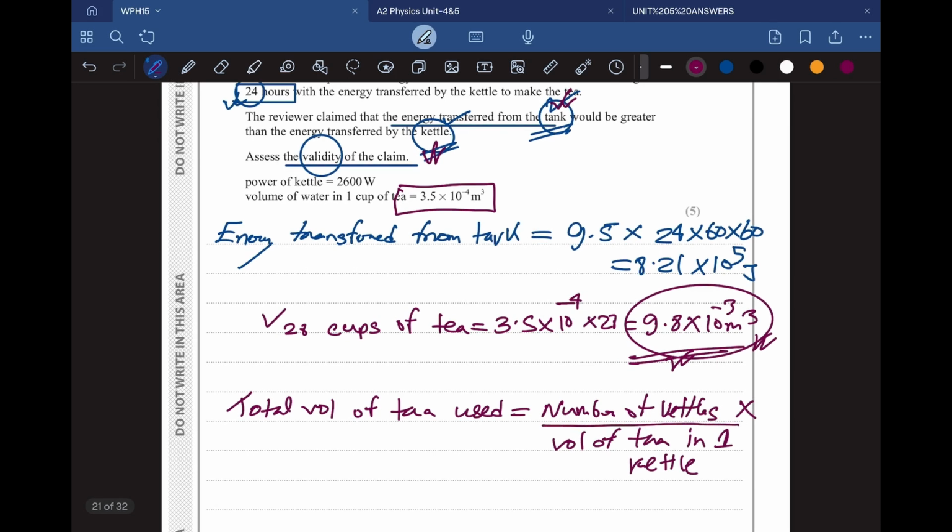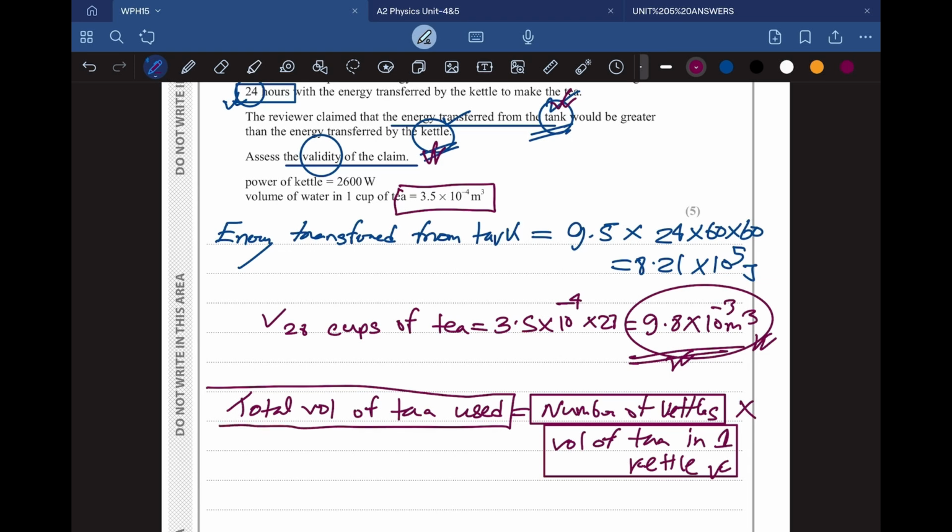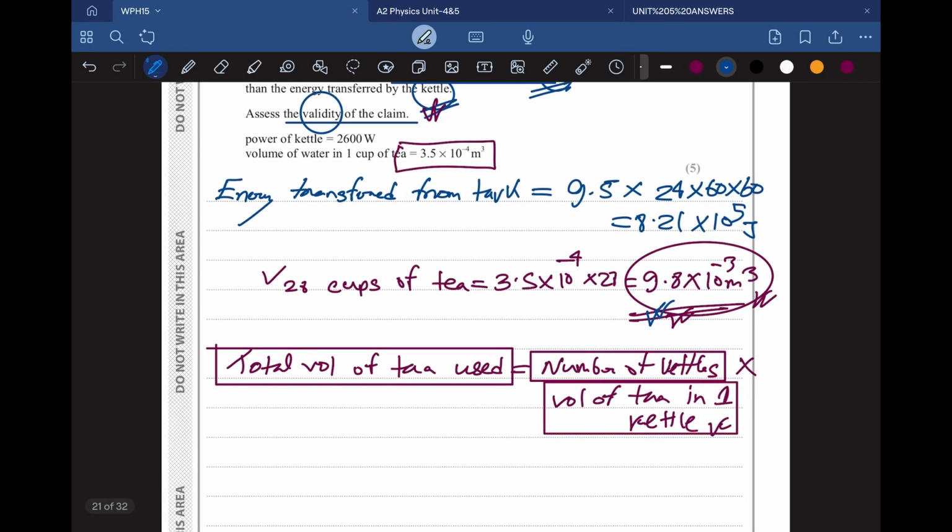If the volume of tea that can be accommodated in one kettle is multiplied by the number of kettles they are using, we can easily figure out the total volume of tea. Now we have our total volume of tea as 9.8 into 10 to the power minus 3, because they are using 28 cups.